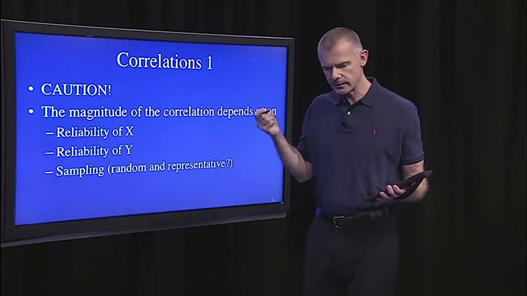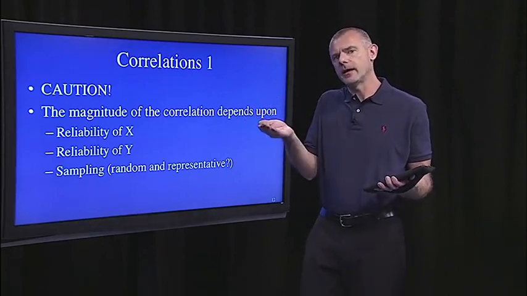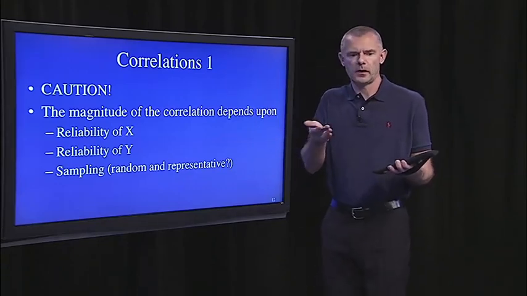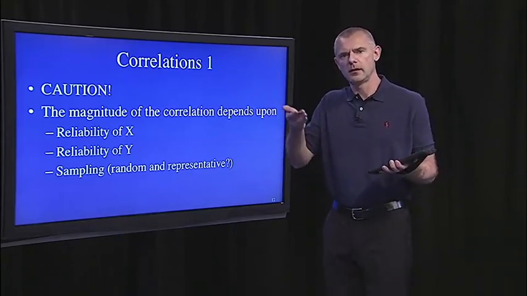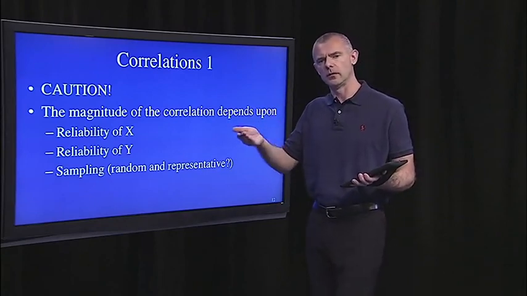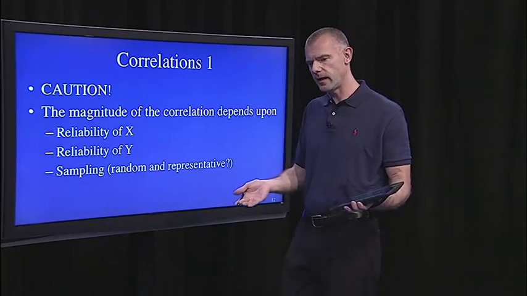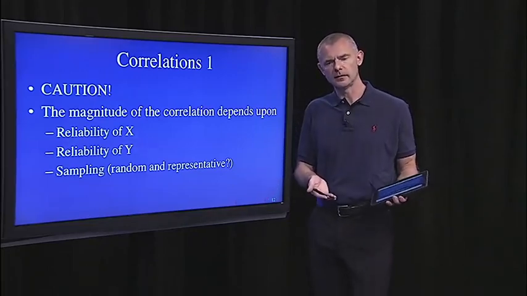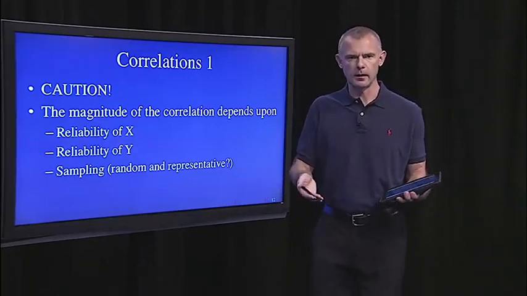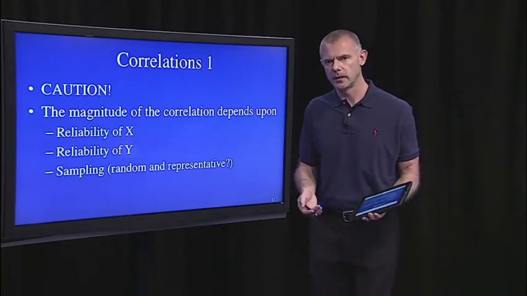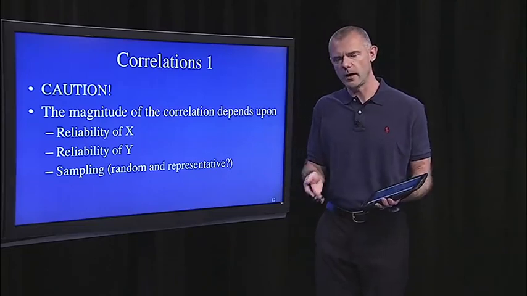Easy way to remember that is the reliability of X refers to, well, will the score be reliable or consistent over time? Think of just a scale used to measure weight. Is the scale reliable? Well, get on it one time, you get your weight, get on it again. Is it the same weight? Is it consistent?